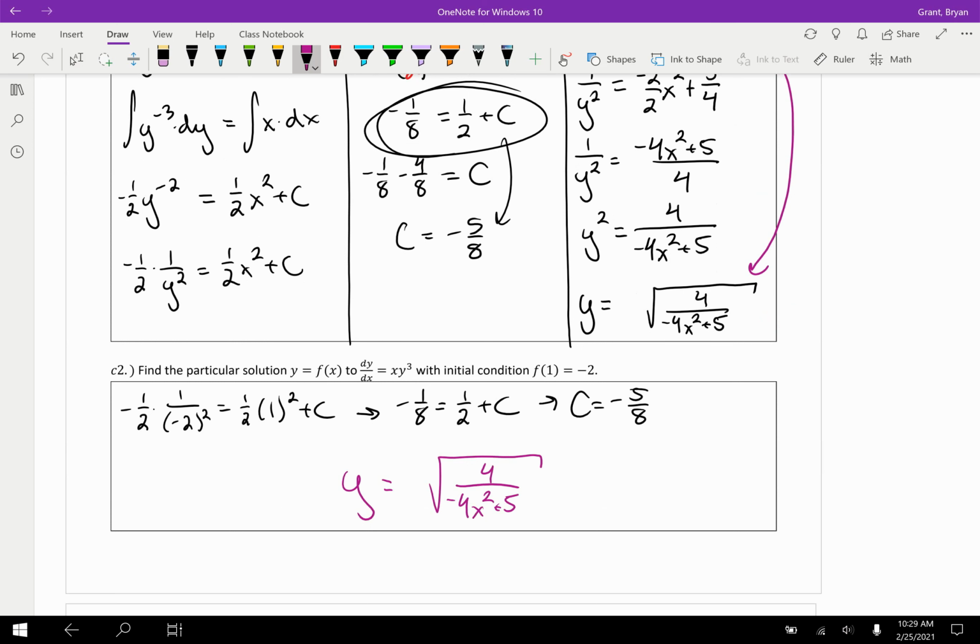Or is it? Because I need to make sure if I substitute 1 in for x, I get an answer of negative 2. And this square root only gives positive answers. So don't forget that this was originally a plus minus. We need to choose the other branch of the square root, just making sure your solution fits the initial condition.